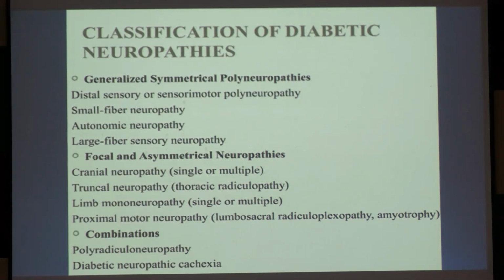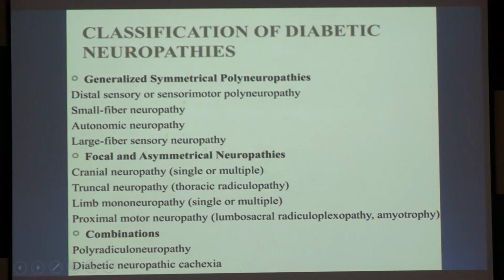Focal, segmental, and asymmetric neuropathy include cranial neuropathy, truncal neuropathy, limb mononeuropathy, and proximal neuropathy involving the plexus, that is the neuronal plexus, in the form of lumbosacral radiculoplexopathy, producing amyotrophy, that means muscle weakness and wasting.